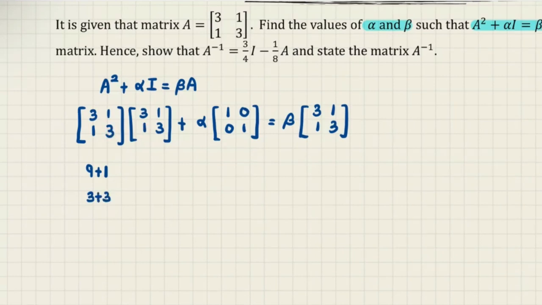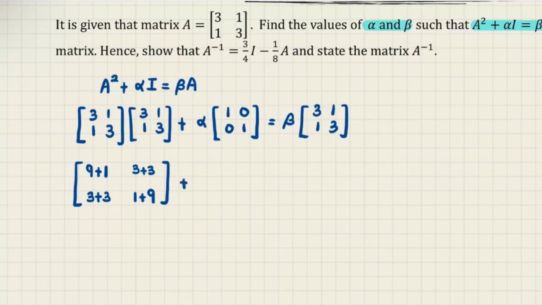Okay, apakah opposite dia? Element of 1, 2. So first row darabkan dengan second column. So 3 darab 1 tambah dengan 1 darab 3. 3 darab 1, 3. 1 darab 3, 3. Dan sini apa? 1 darab 1, 1 tambah 3 darab 3, 9. Okay, so ini adalah result kepada A squared.